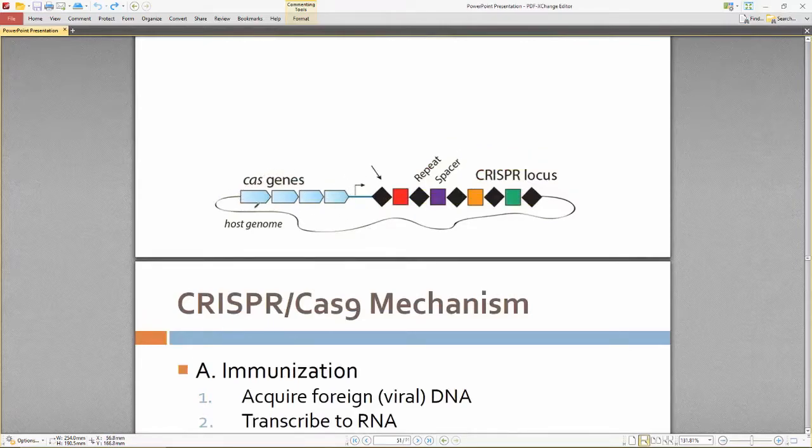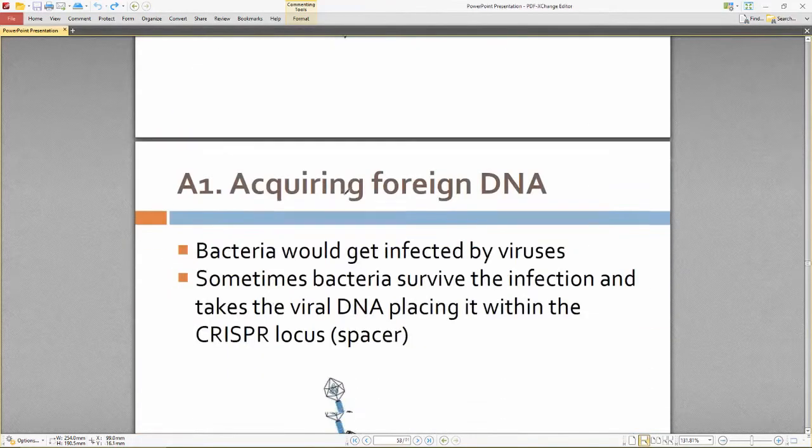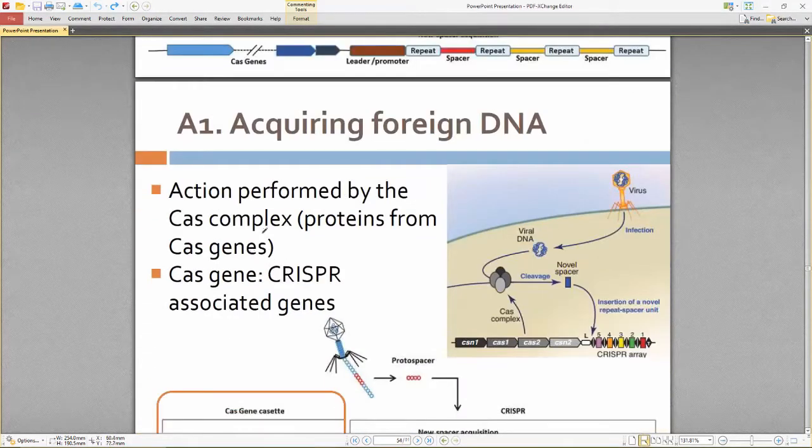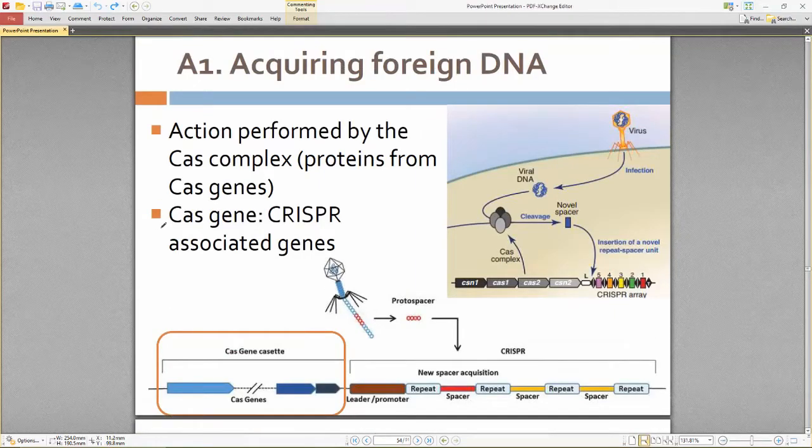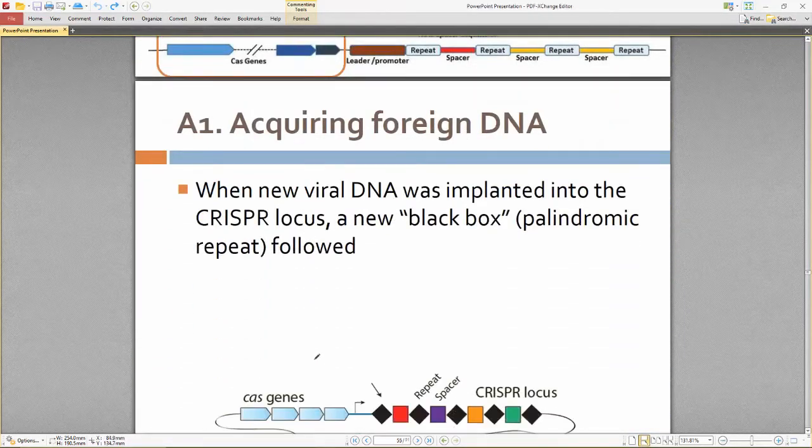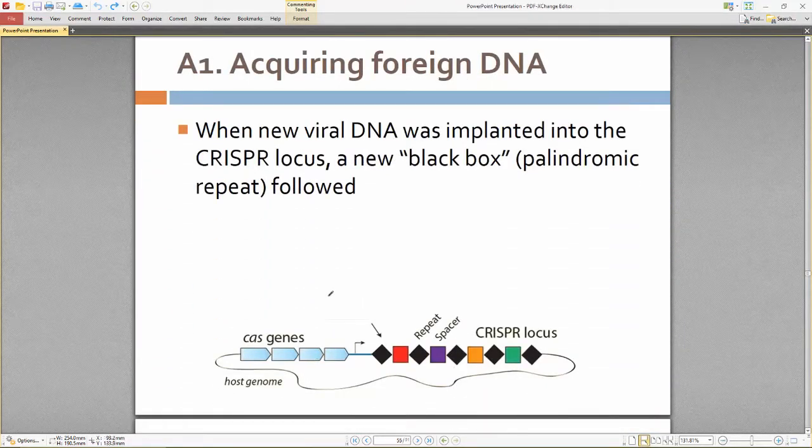These Cas genes code for polypeptides and proteins that will create something called the Cas complex. And the Cas genes are CRISPR associated genes over here. When new viral DNA is implanted into the CRISPR locus, a new black box or a new repeat will follow the spacer, always.